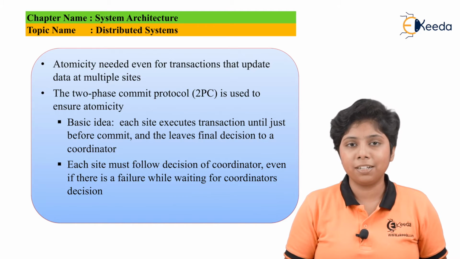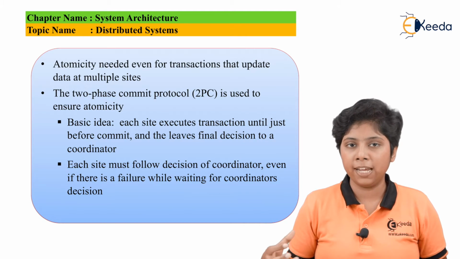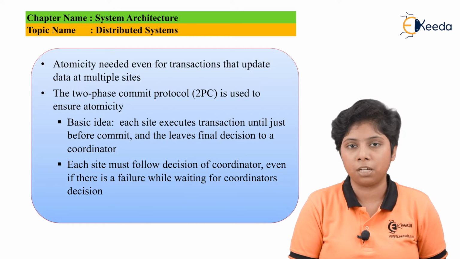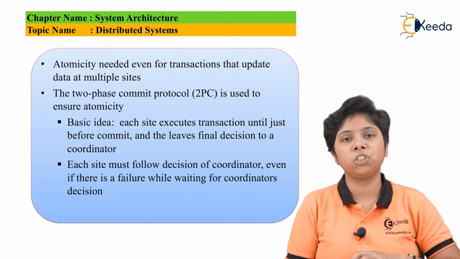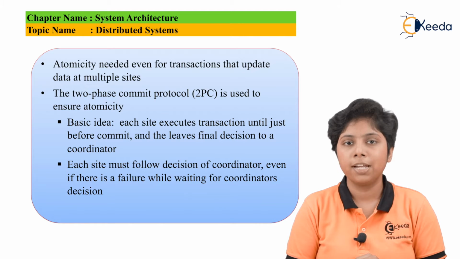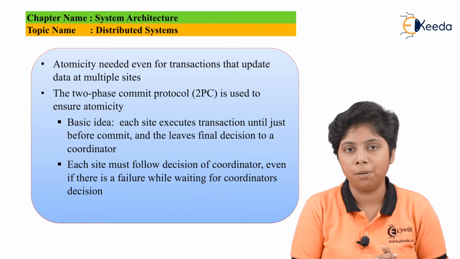So what happens here? Suppose the transaction is committed by user A after having debited $50 from the account. Now, while the $50 is traveling on the network, there is some problem in the network, or server B is having some problem.